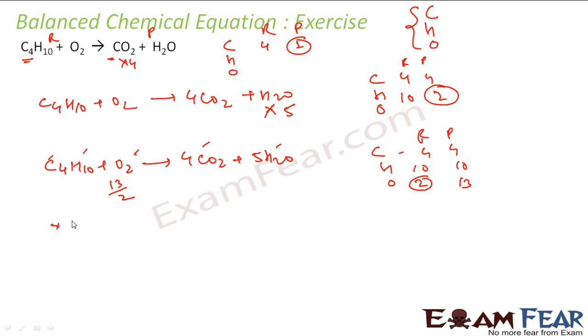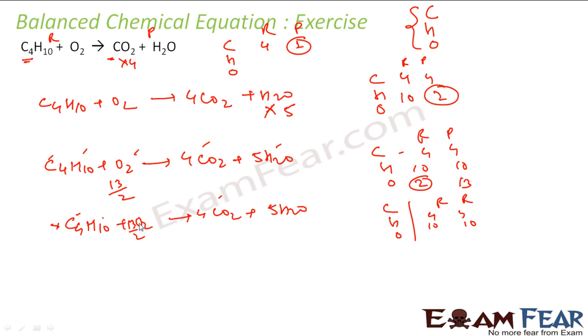C4H10 plus 13 by 2 O2 is equal to 4 CO2 plus 5 H2O. Now if you compare, carbon is 4 and 4. Hydrogen is 10 here, 10 here. Oxygen is 13 by 2 into 2, which is 13 here, and here you have 4 into 2, 8 plus 5.